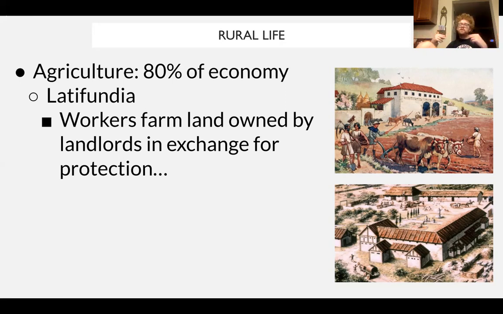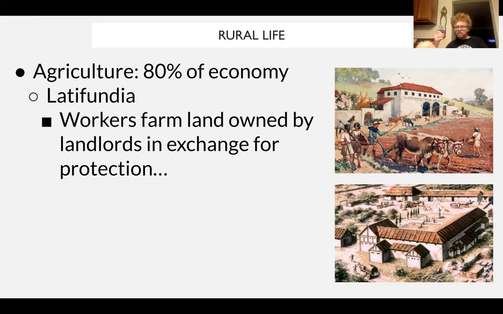And these latifundia are mostly worked by slaves, but for free people, workers work on that land in exchange for protection from their landowners. So these landowners have a lot of local influence over their working population.